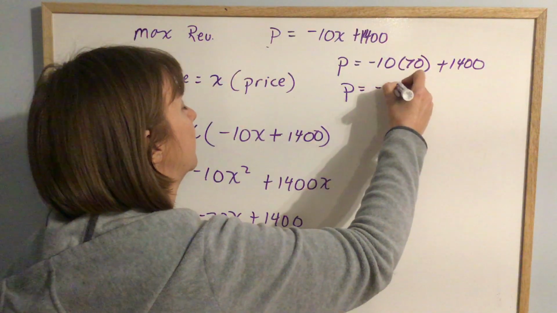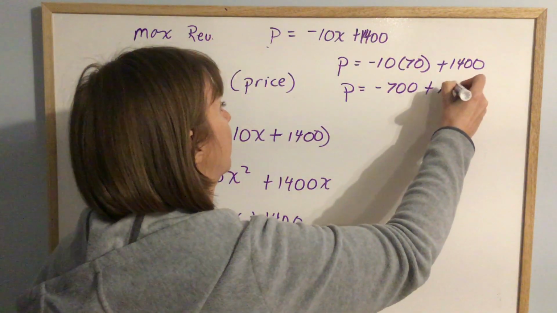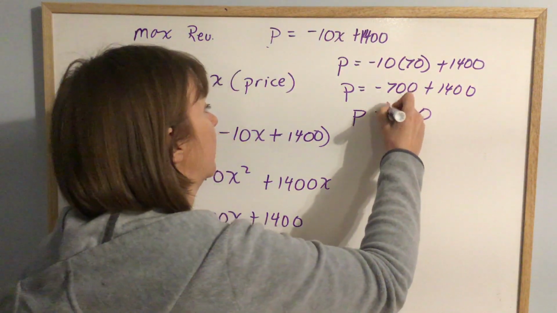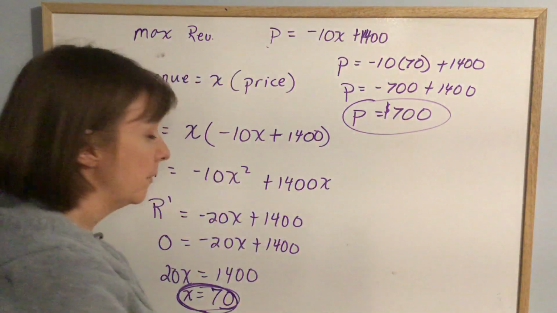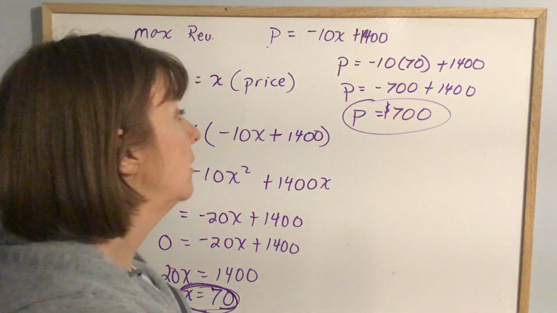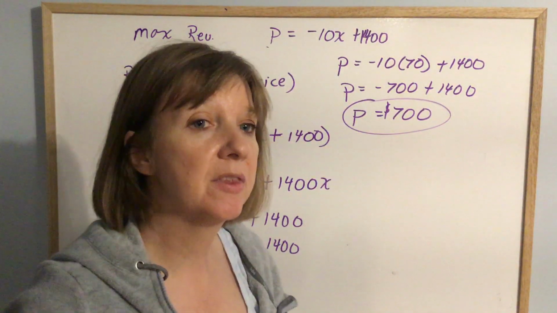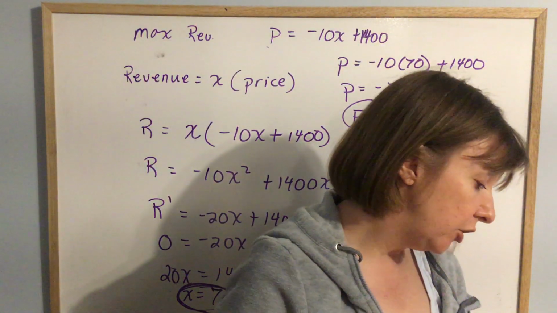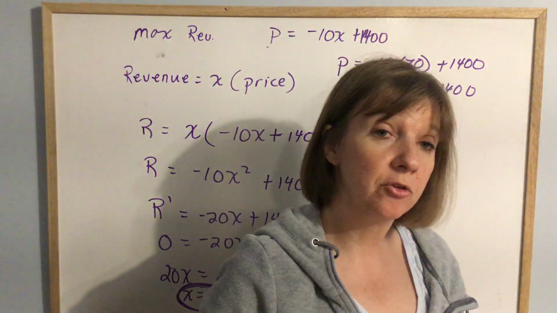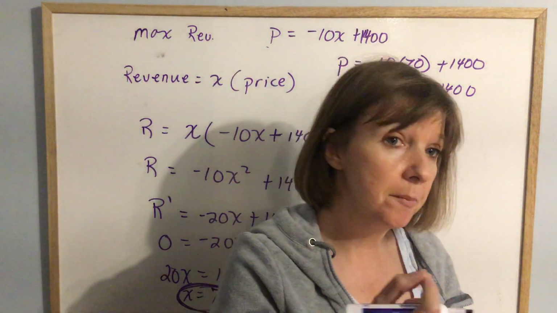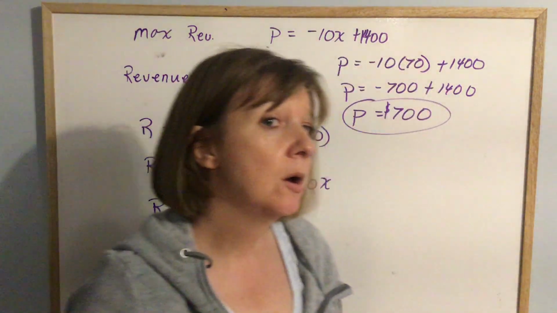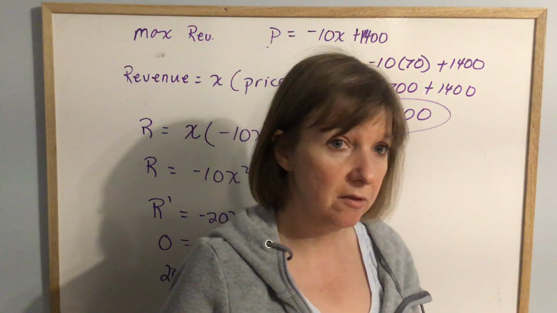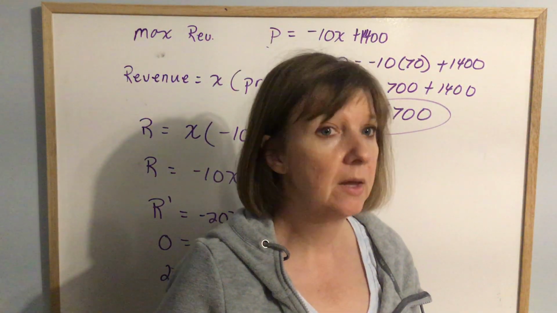So my price is negative 700 plus 1400. So the price is $700. So I'm going to maximize my revenue when I sell 70 bikes at a price of $700 each. At the beginning, they said usually the price is $900. So I know if we want to maximize our revenue, we need to lower our price to $700. That will maximize the amount of money coming in.